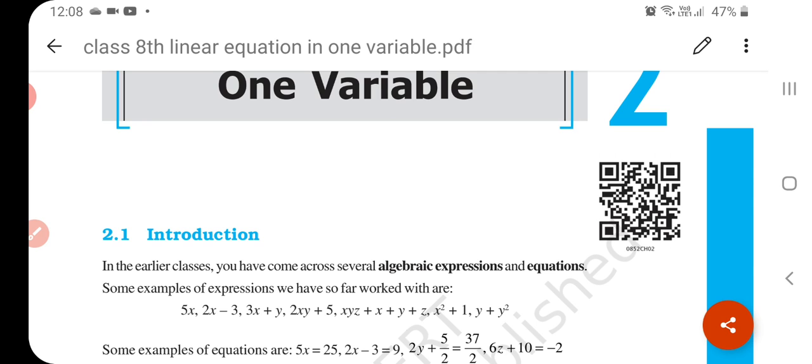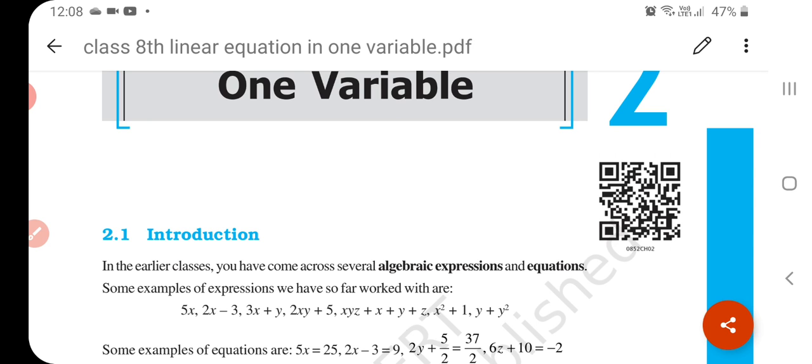Now what is the use of this linear equation? Before we talk about this, first of all, what is linear equation?